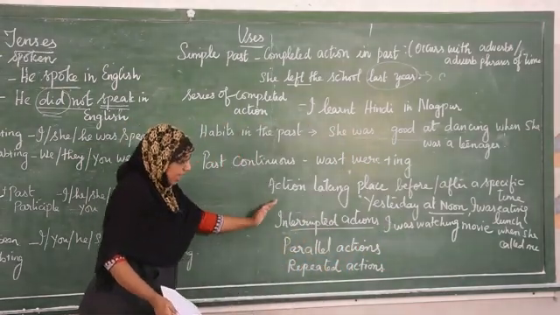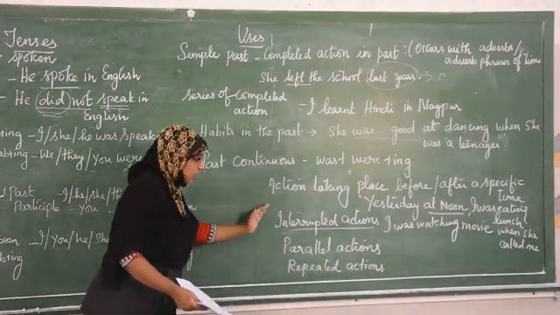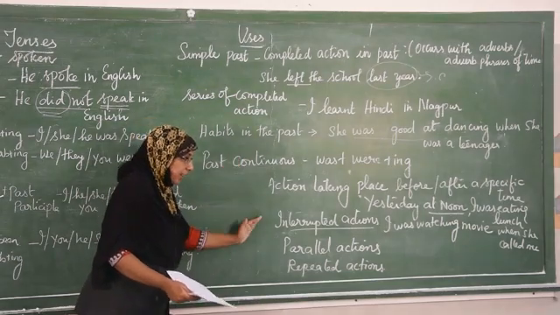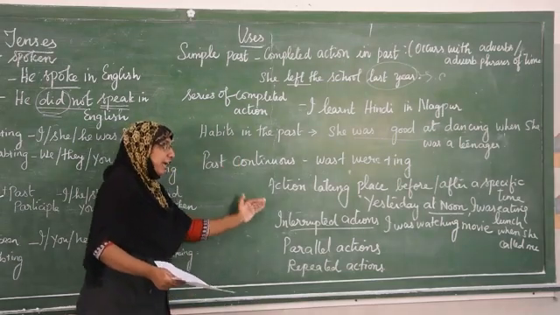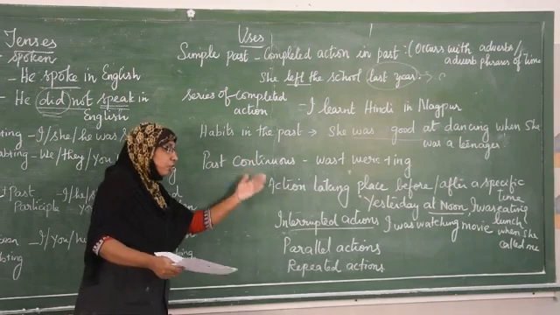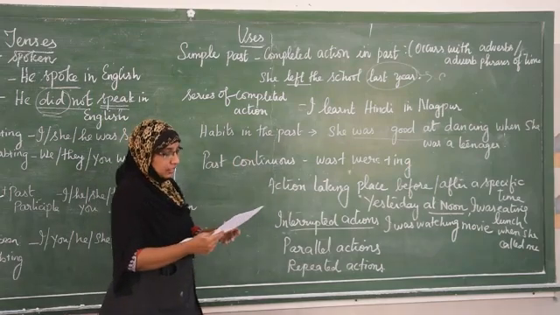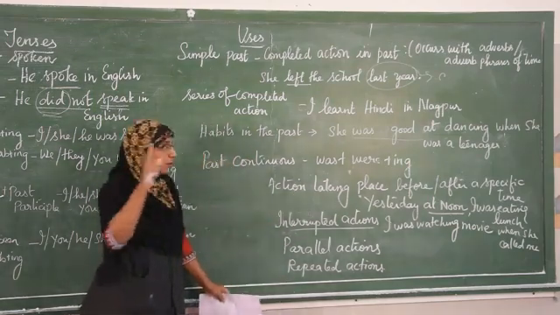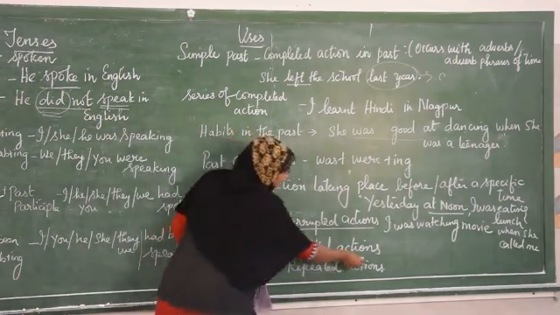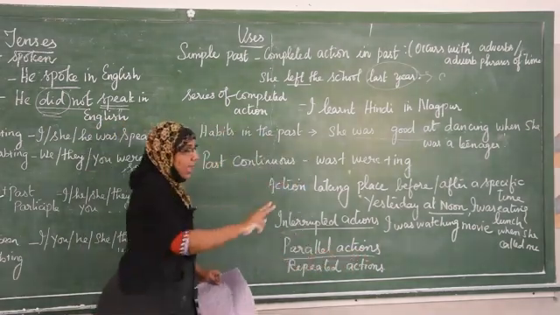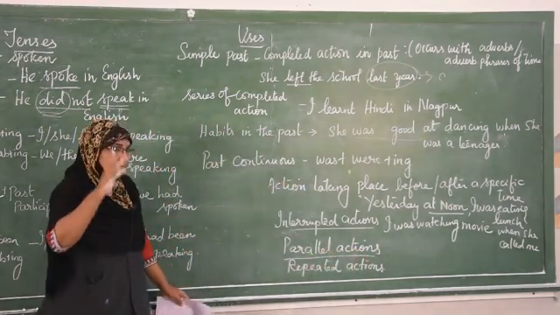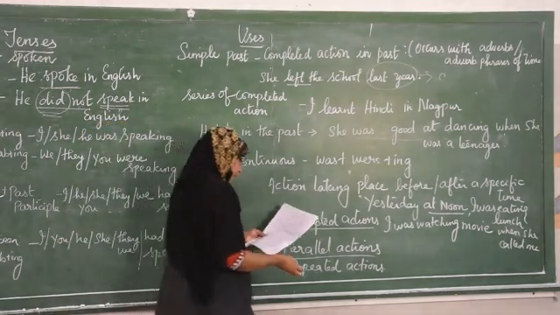To express an action which has been in progress in the past before another action took place in the past. The light went out while I was writing. Parallel actions means what? Two actions going on at the same time in the past.